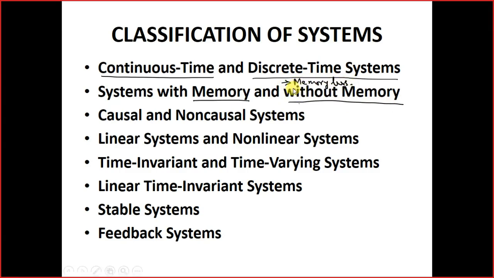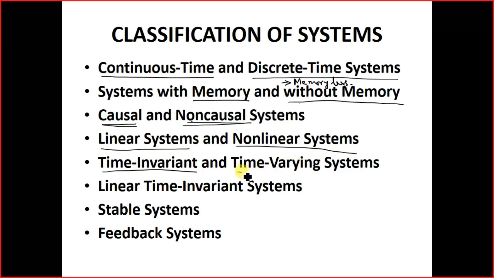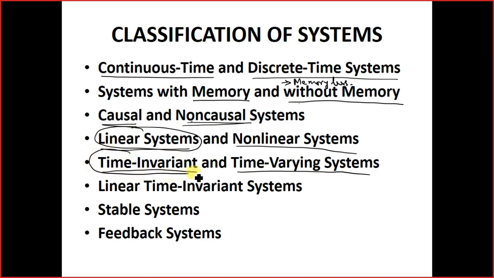Then we have causal and non-causal systems. Then we have linear systems and non-linear systems. Then we have time invariant systems and time varying systems. Then we have a combination of the linear systems and time invariant systems.